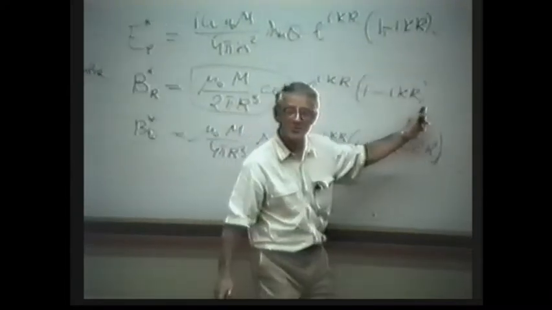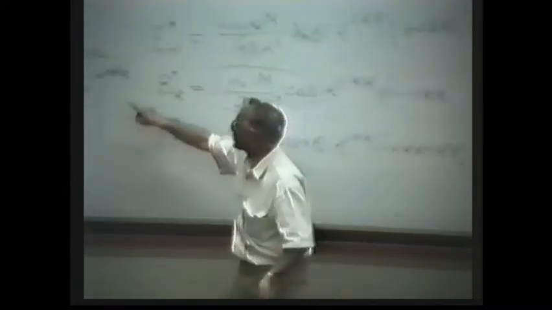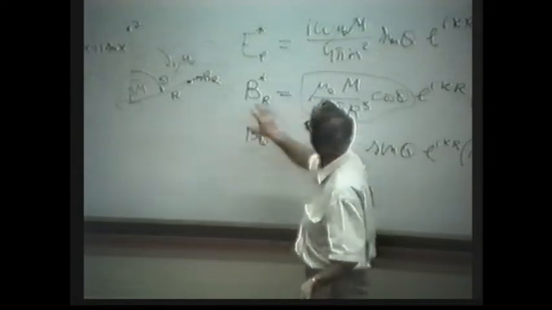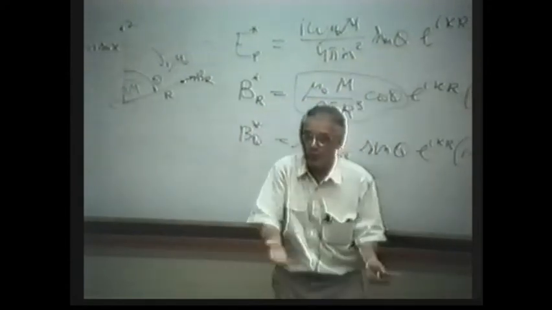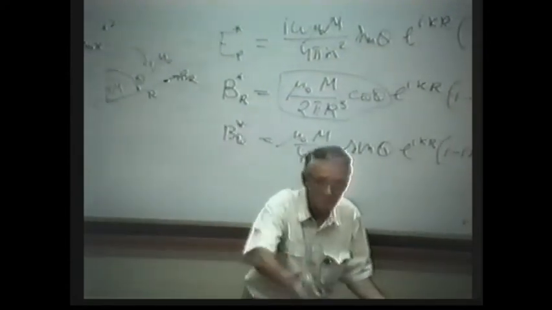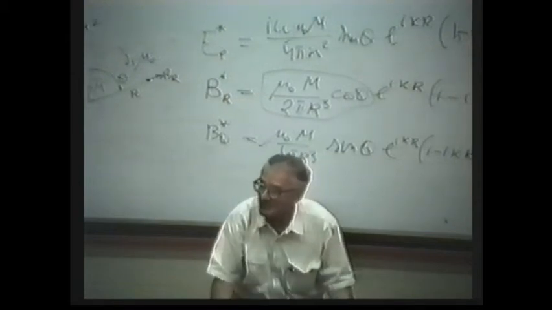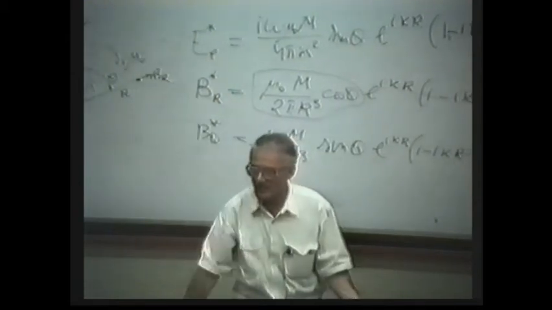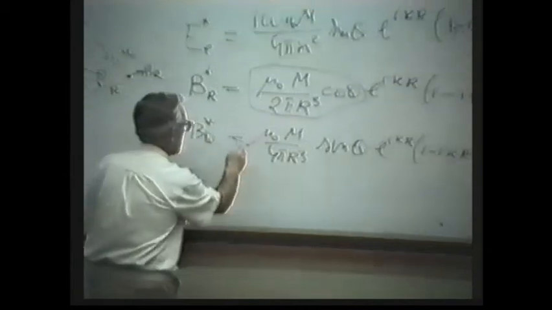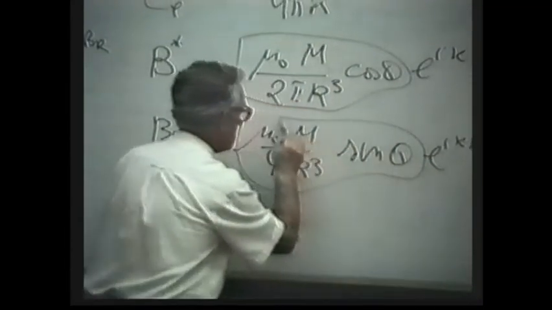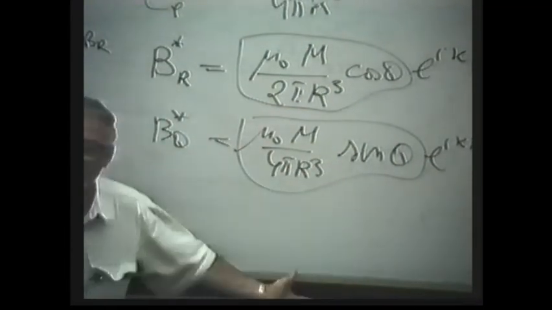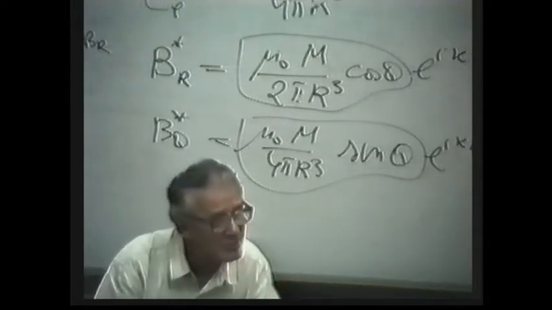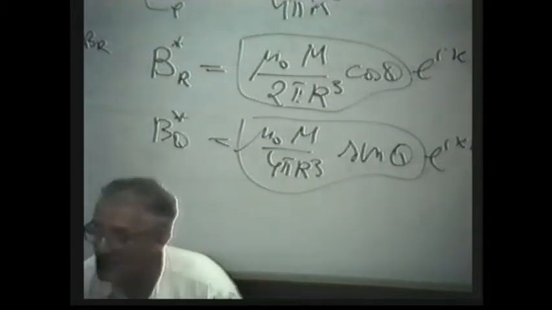Here there is something else. Why does the field here differ from the field in free space? Because there are other currents. Understand? What is the meaning of this term? Magnetic field in free space, only the theta component.